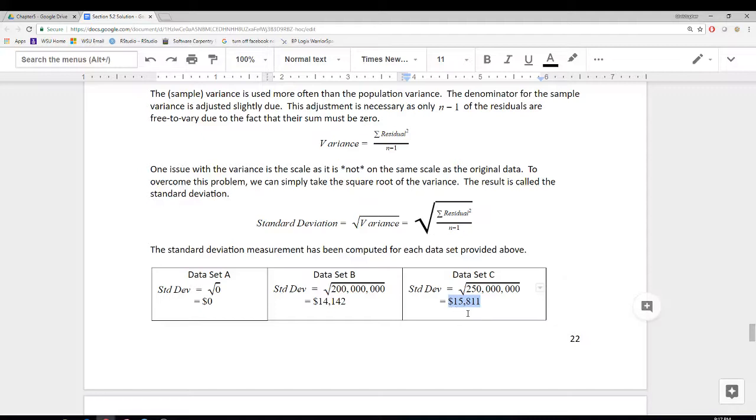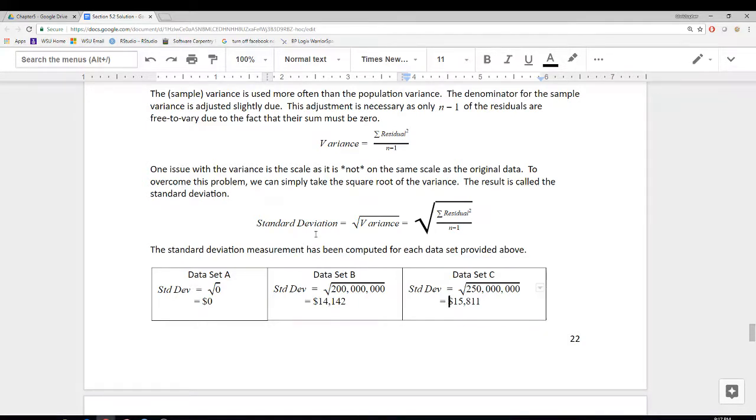So again, data set C has more spread than data set B, with a difference of about $2,000. Now the measurement scale for the standard deviation is dollars, because I messed up the scale by squaring, but I square rooted that, so I brought it back onto the dollars scale. So that's the description of standard deviation.